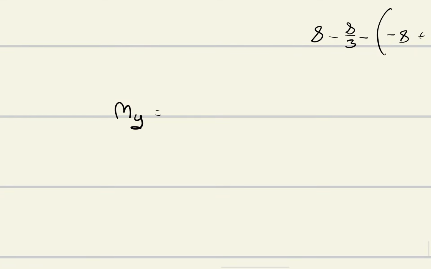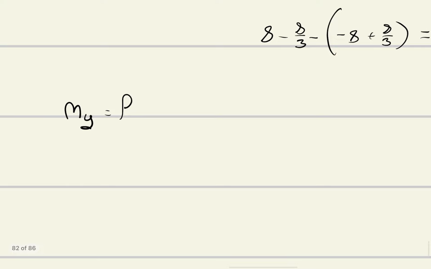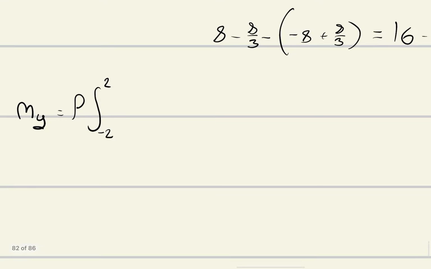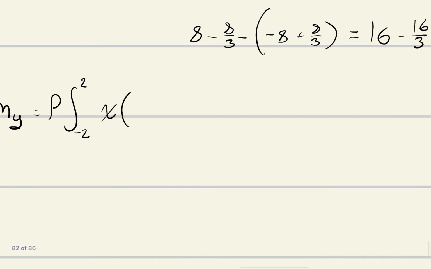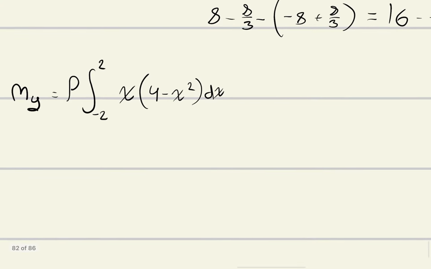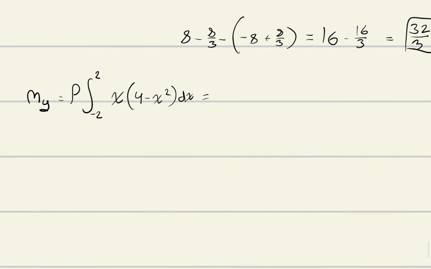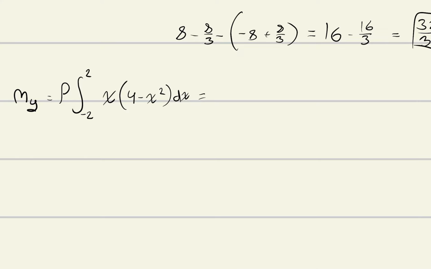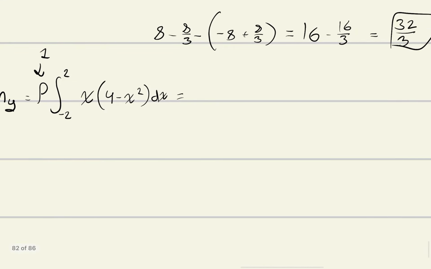my is equal to rho times 2 times the integral of negative 2 to 2 times x times the function, which is 4 minus x squared dx. That is equal to, we can distribute the x value, and we know this rho is 1. So this is equal to the integral from negative 2 to 2 of 4x minus x cubed dx.